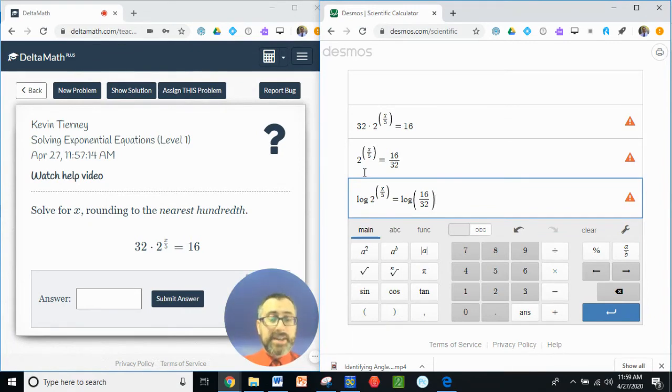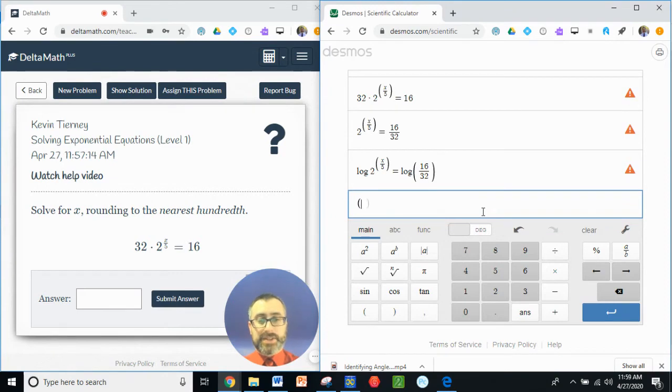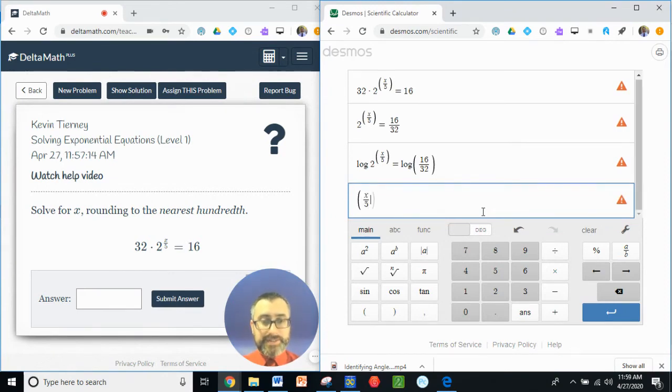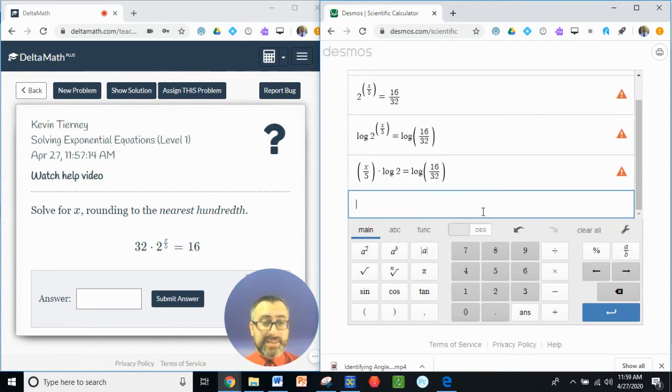Moving on, I can now take this exponent in this log expression and rewrite it as the coefficient. Now that's x over 5 times log 2 equals log of 16 over 32. Okay, let's keep going with some canceling.